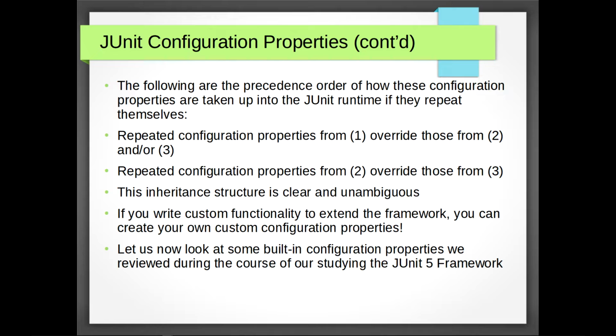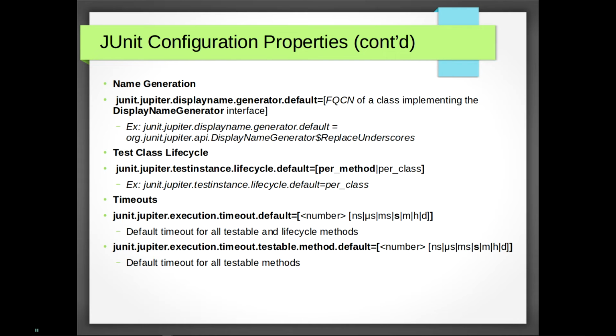Let us now look at some built-in configuration properties we reviewed during the course of our study in the JUnit 5 framework. Properties related to name generation or description generation. junit.jupyter.displayName.generator.default equals the fully qualified class name of a class implementing the DisplayNameGenerator interface.